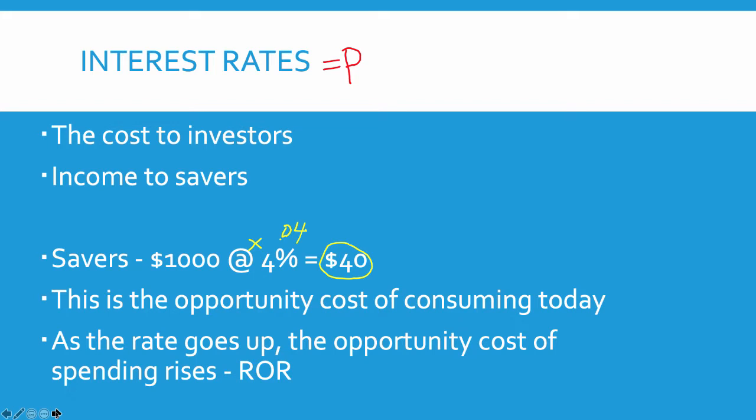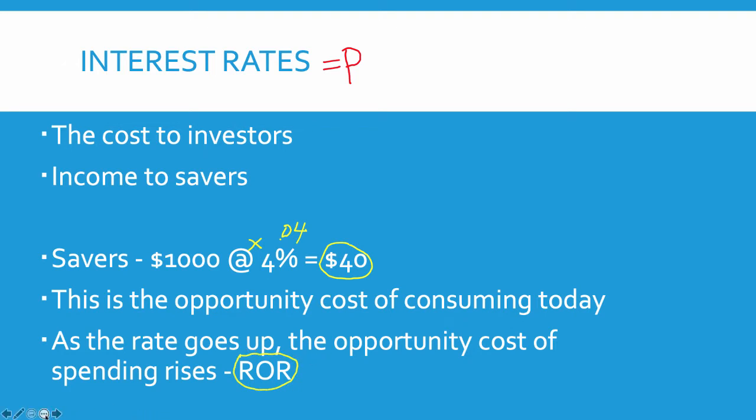And as the interest rate goes up, the opportunity cost of spending goes up. The opportunity cost of consuming your money today goes up. This is what sometimes we refer to as the rate of return, or the ROR.